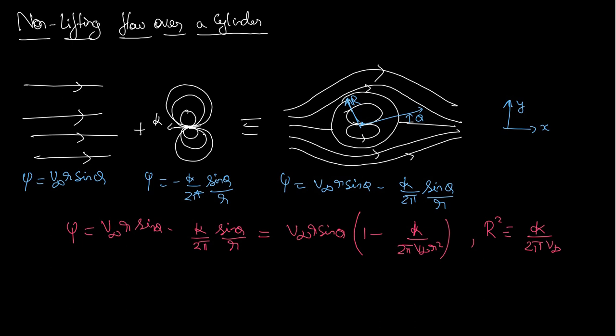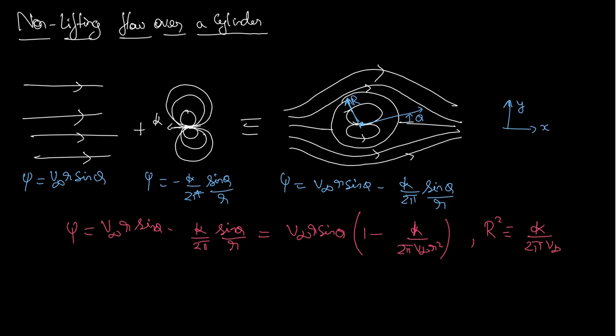So it is just that if you have a radius of cylinder which satisfies this relation, where kappa is the strength of the doublet, and V infinity is the free stream velocity of the uniform flow, then we can say that it exactly resembles the same flow field that will be produced if we have a cylinder of radius R placed in a uniform flow. So that is what we are looking at.